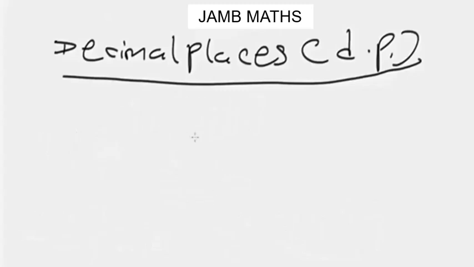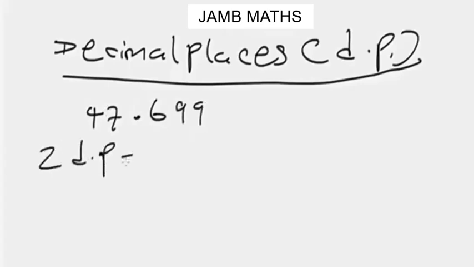Now let's say we are given 47.699. We want to round off this value to 2 decimal places. Now remember, I said that decimal values start immediately after the decimal point. Very, very important, guys. Take note of this.